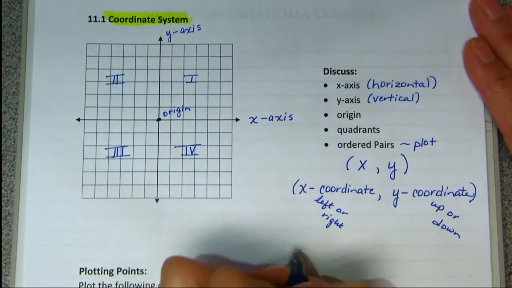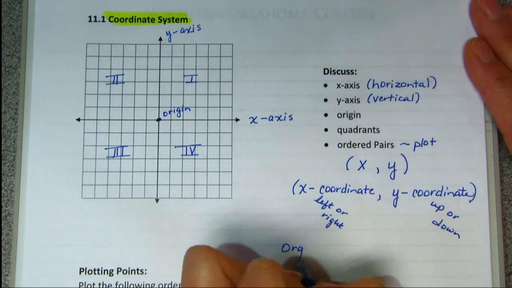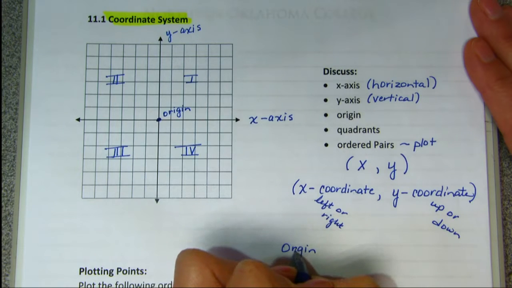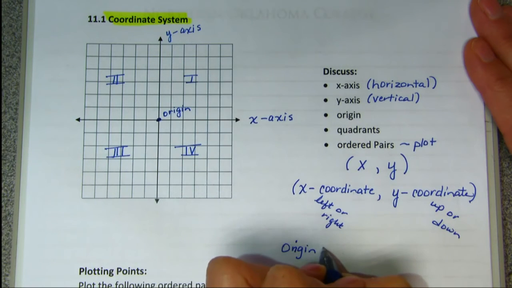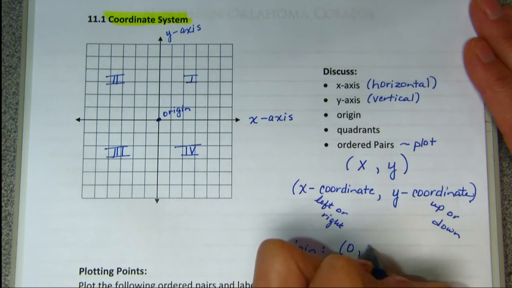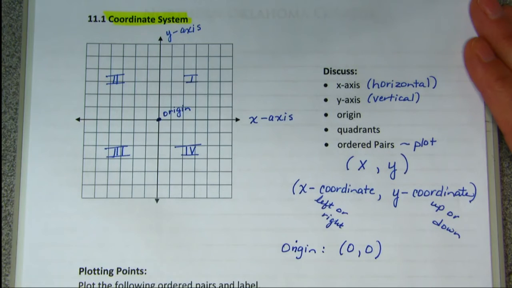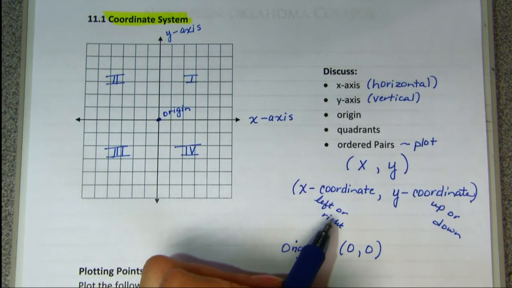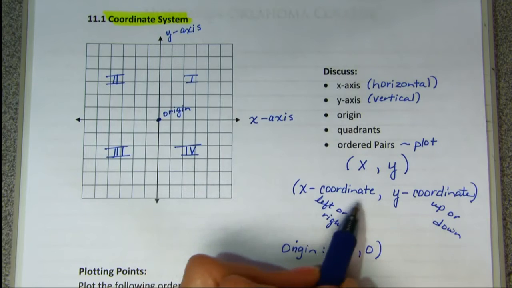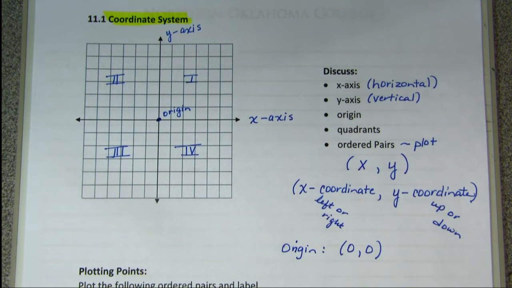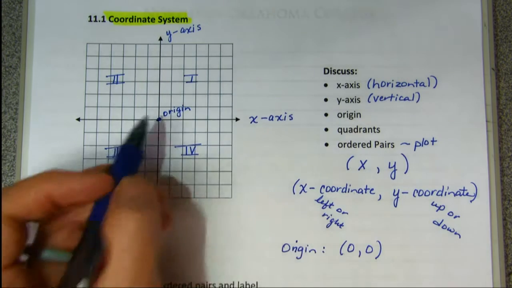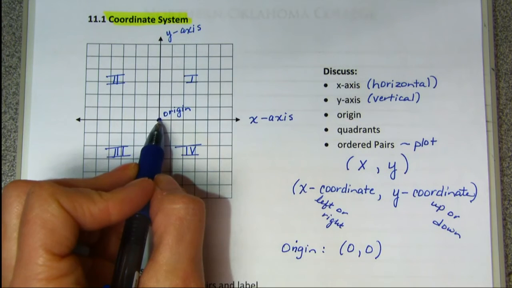Now, the origin, oh, I spelled that wrong. There we go. Origin, its ordered pair is (0, 0), because that is where you always start. Since the x-coordinate is first, that means we'll always move left or right, starting at the origin.